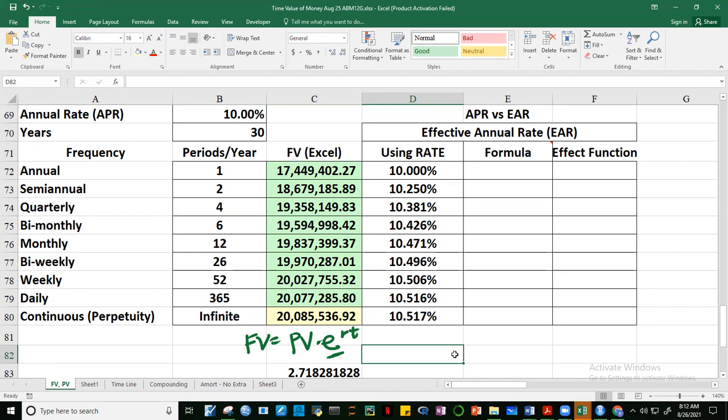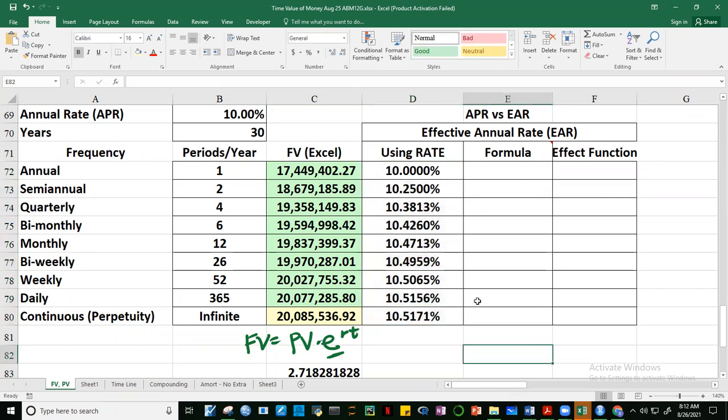So, mas malaki yung effective annual rate ng mga future value na mas malalaki. Of course, definitely. So that's a very understandable, no? Na mas malaki yung effective annual return kapag mas maraming compounding natin every year.